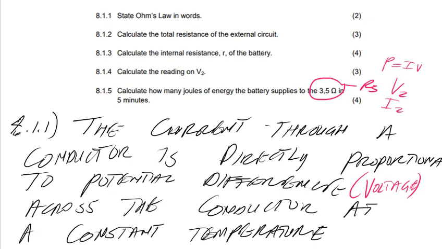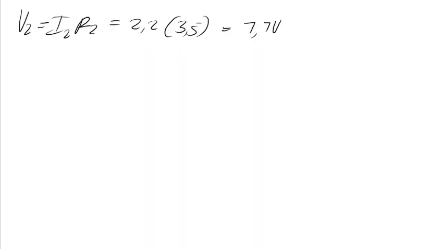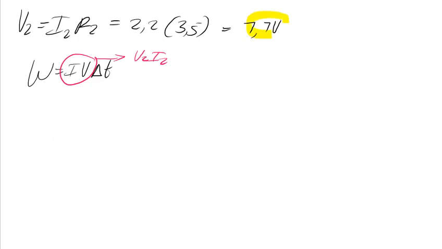So for example, if we decide to use W is equal to I V change in time, remember you need to use the V2 and I2. I2, remember, it's the same, so it doesn't matter. So the V2 is this one. That's if you know it.